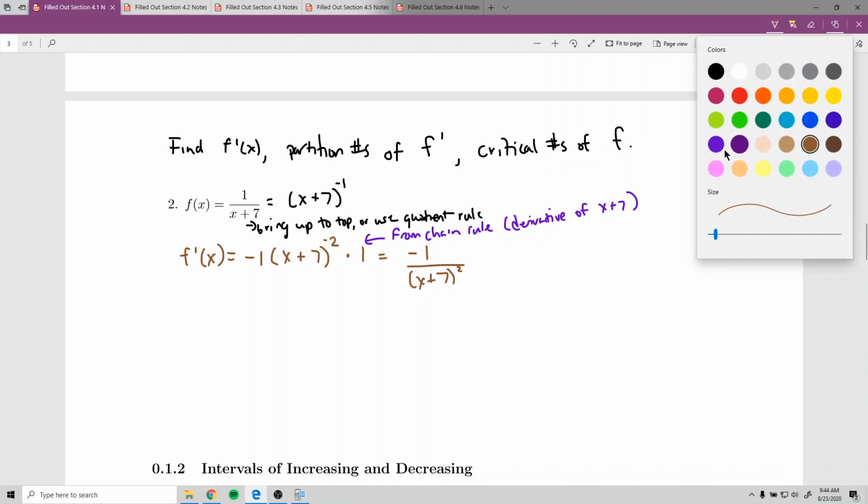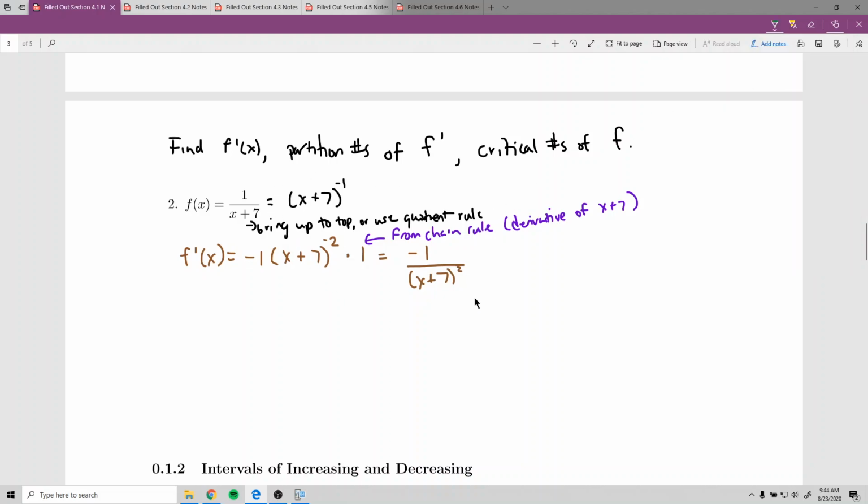If you do the quotient rule, you actually get this right away, but of course the quotient rule takes a few steps. So it's up to you which way you do it. So we'll just write a comment. When finding critical or partition numbers, never keep negative exponents.